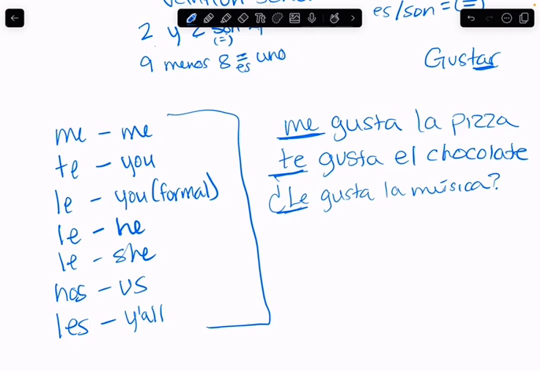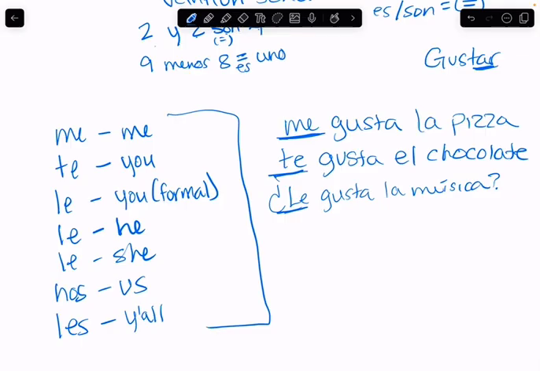And you can have many things that you like or dislike. So you can say, me gusta comer. Me gusta hablar. I like to eat. I like to talk. So, me gusta el café.